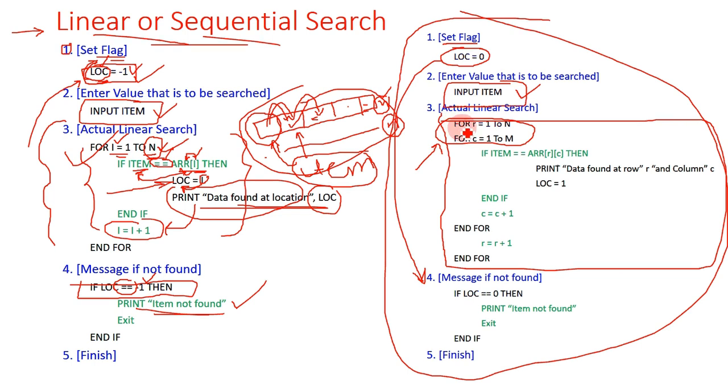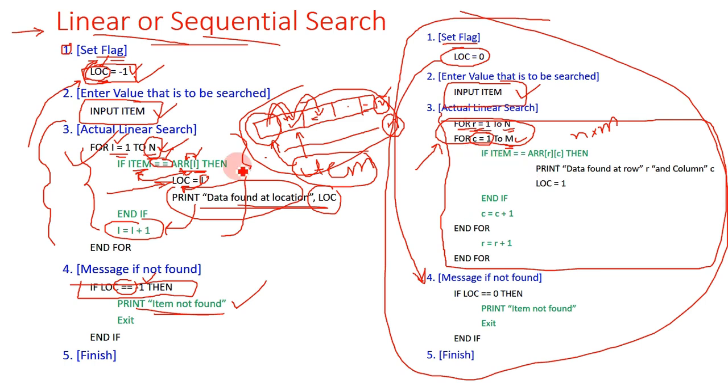Okay, so in the outer loop, R shows the rows. The row index will be assigned from 1, and there are n rows and m columns. Inside this for loop, a second for loop is used for the columns. The column value will start from 1 and go till m.